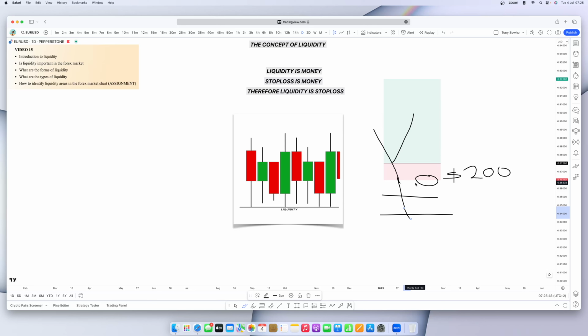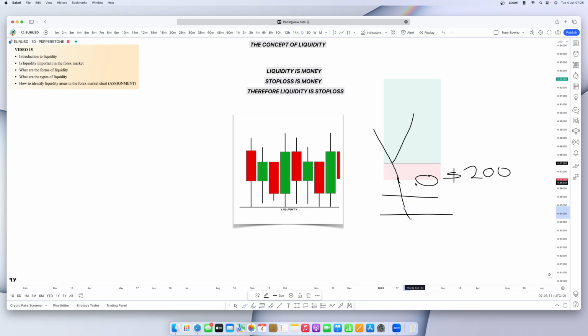If you are risking $200 on a trade, depending on whatever you're risking though, and price decides to come for your stop loss, the market has made you liquidity. So liquidity equals money. But everybody does not see money. We don't see money on the chart. If you send me a markup and I see this, what I'm saying is this is where your stop loss is.